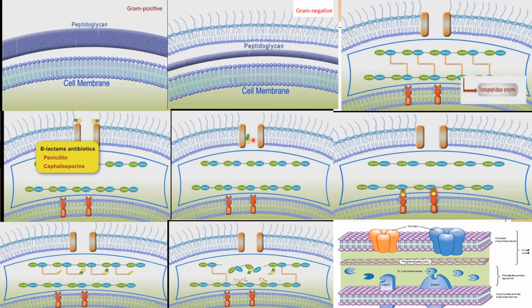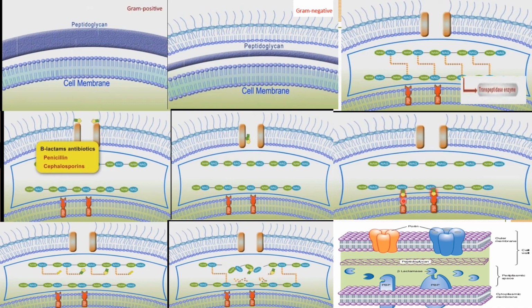Here you see that these antibacterial drugs pass through porins and finally reach the outer surface of the cell membrane. On the outer surface of the cell membrane, they attach to a specific protein. This protein is called penicillin binding protein.